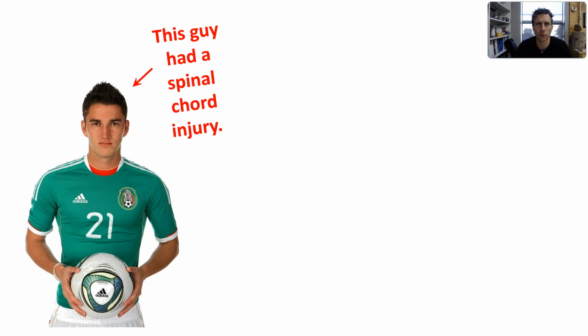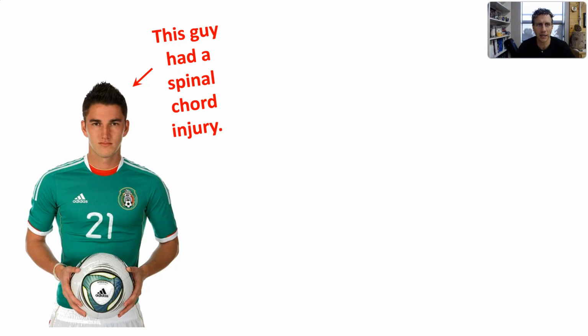And so for thousands of years, we've known of people who become paralyzed because they have a spinal cord injury. We can read stories of that in the Bible. And it's exciting to think about, well, maybe one day we can heal those kinds of injuries.